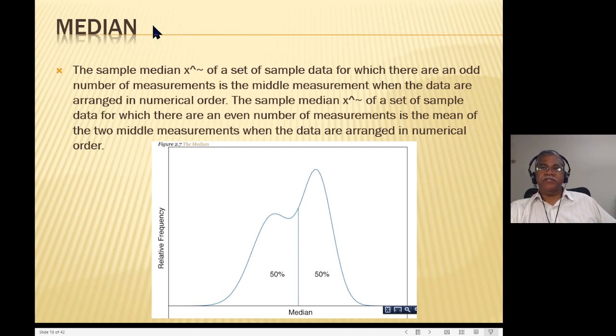The median of a sample is basically writing everything in increasing or decreasing order, and the middlemost number is the median. If you have an even number of terms, the middle two numbers divided by 2 would be the median. In an odd number, it's fine because you have a middlemost number with an equal distribution on either side.